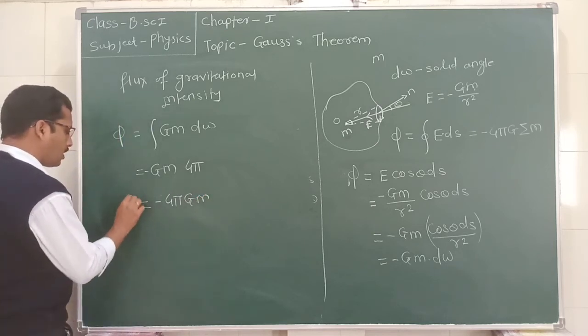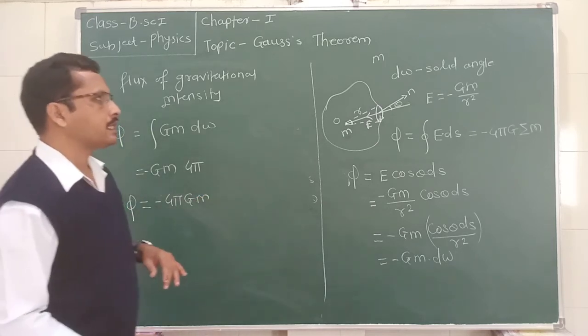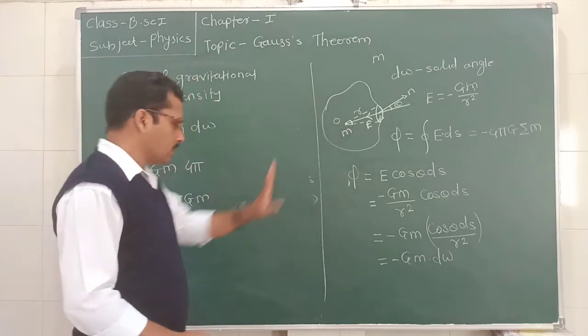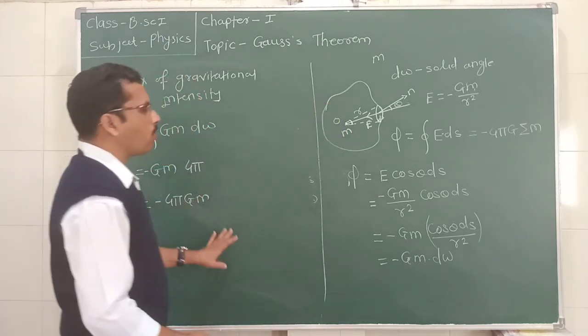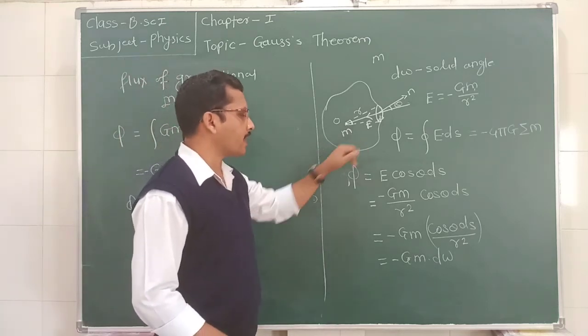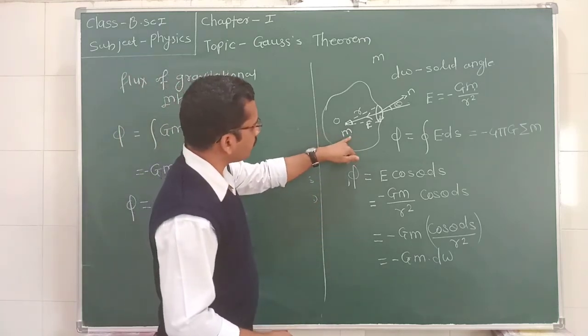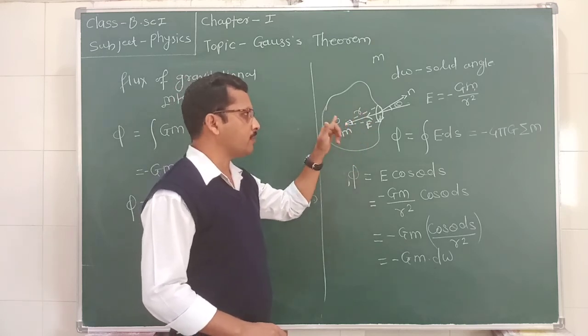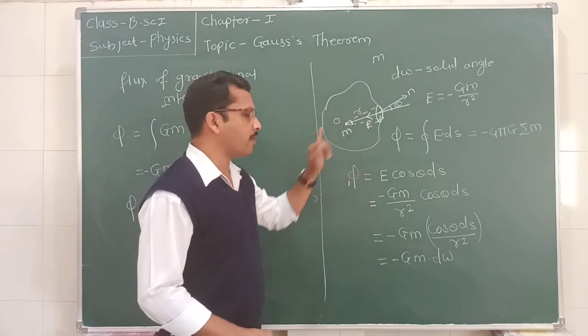This is the flux of gravitational intensity passing through this closed surface. Now this is all due to the small mass m, and this whole body is made up of a large number of particles having mass m.